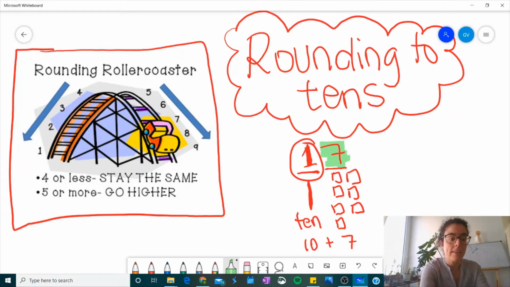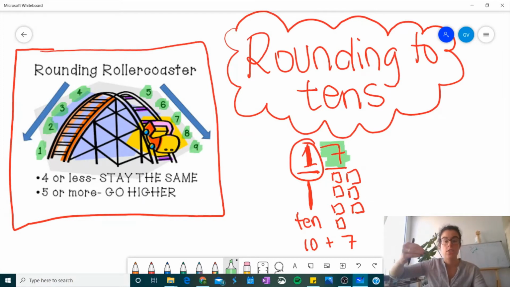So, for example, if the number in the ones is a 4, a 3, a 2, or a 1, it's going to go back. But if the number is a 5, a 6, a 7, an 8, or a 9, the number will go to the next 10.